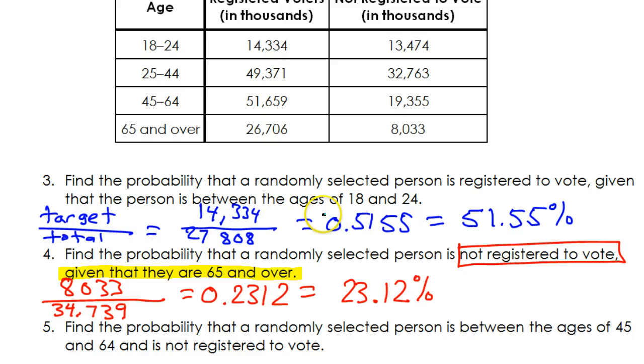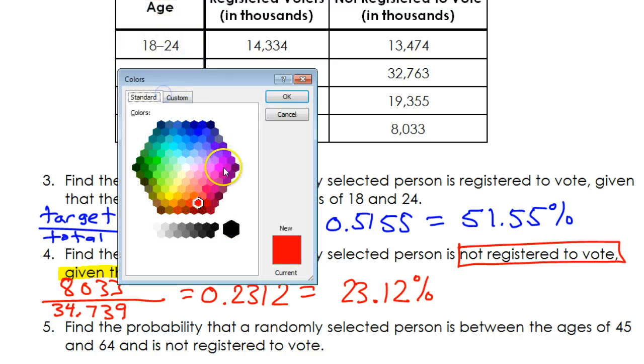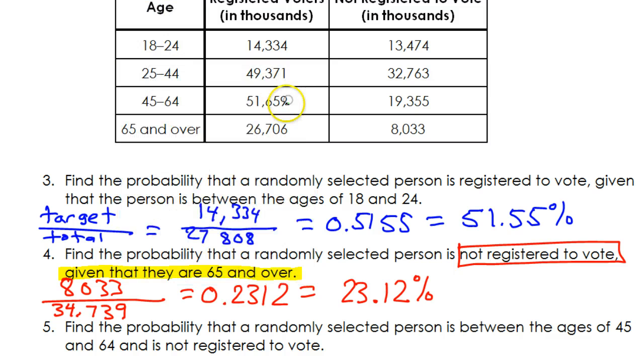When we dealt with the ages from 18 to 24, we found out that the total there was 27,808.